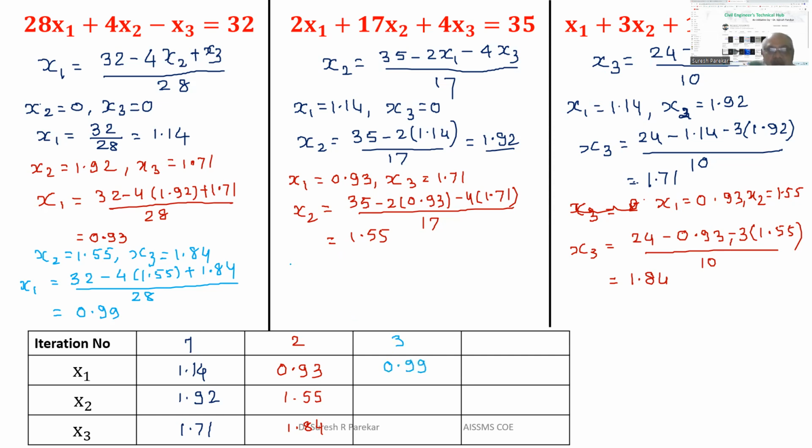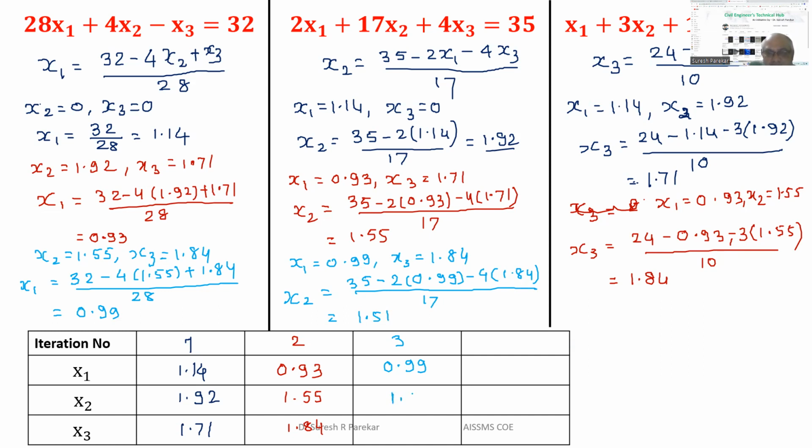Now we put the value of x1 as 0.99 and x3 as 1.84. From this we get x2 equal to (35 minus 2 times 0.99 minus 4 times 1.84) divided by 17, and I got this value as 1.51.